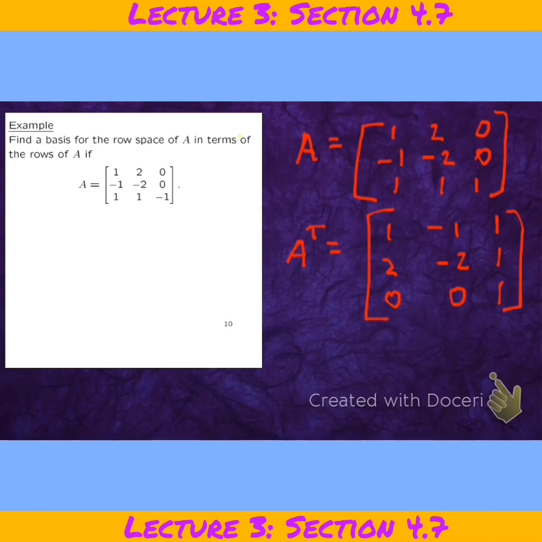Now we want to find the space that's spanned by the actual column vectors, and we do that by reducing the transpose of the matrix A.